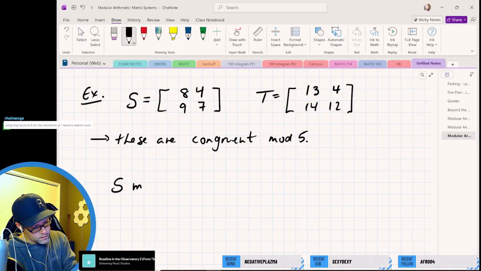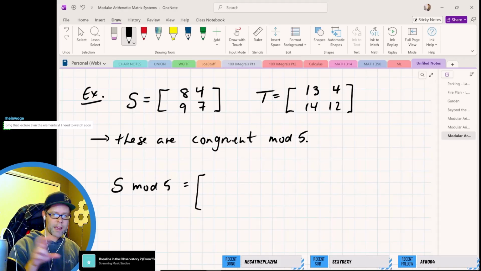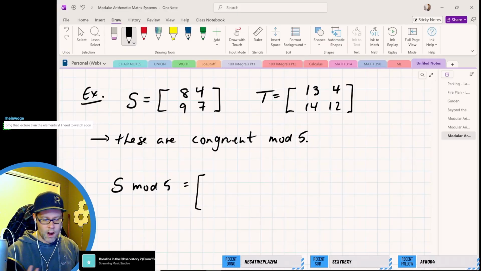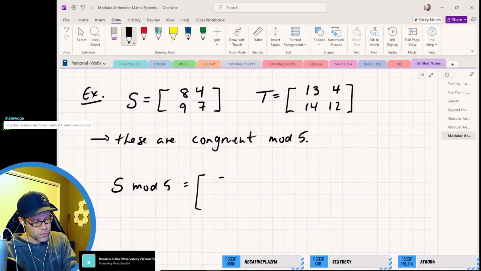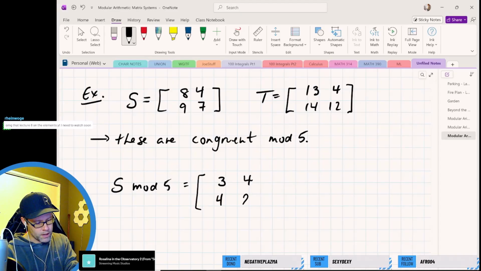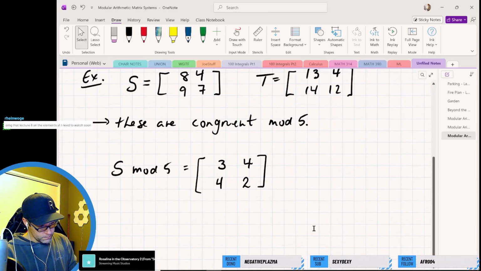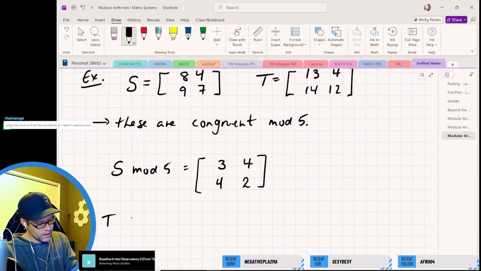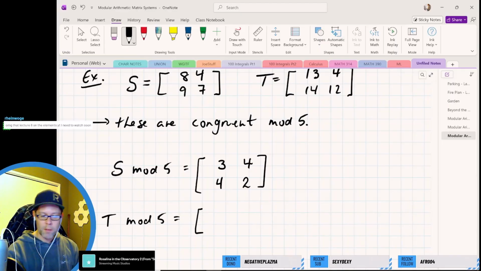So S mod 5 would look something like this. We go through entry by entry, look at the remainder after division by 5, and update that matrix. Our 8 would turn into a 3, it has remainder 3. Our 4 would stay the same. Our 9 would have remainder 4, and our 7 would have remainder 2. Similarly, if we do T mod 5, we look at the remainders mod 5.